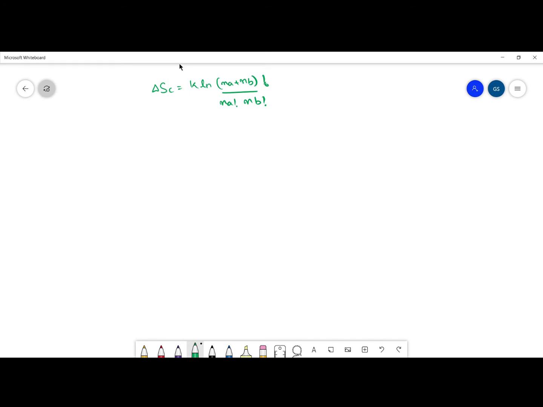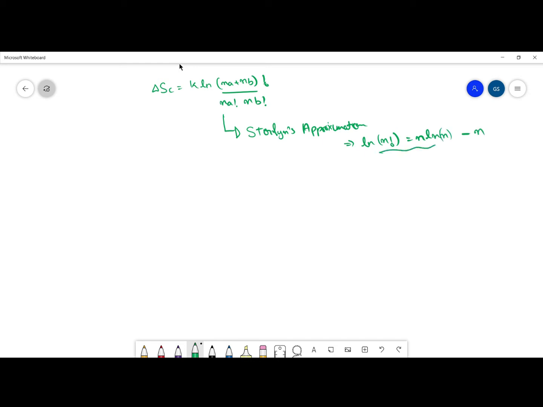For simplifying this, there will be an approximation which will be used, and that approximation is Stirling's approximation. And what is that approximation? The approximation is ln of n factorial is nothing but n times ln n minus n.